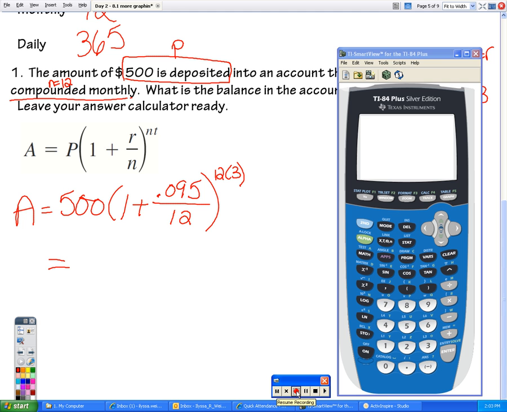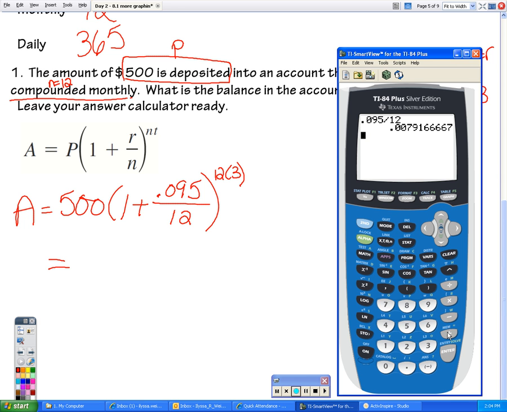Now, when I plug this in the calculator, I'm actually going to start on the inside with my division and work my way out because the calculator doesn't have a brain. It doesn't always get the order of operations correct, especially when you have some division. So it will work if you type it in exactly as it is, if you use the appropriate parentheses. I don't like to chance it. So what I'm going to do is 0.095 divided by 12.